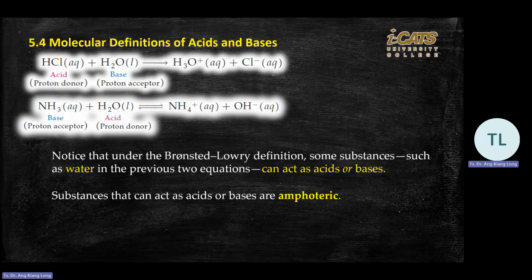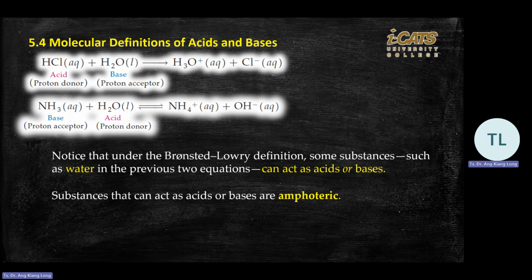Another word that might be coming in the final exam: explain why that substance is amphoteric. For example, water. It can become acid in one case, it can become base in another. So in the final exam, I will give you some substance, not water. Then in the explanation, the last one, I ask you to explain why the substance is amphoteric.